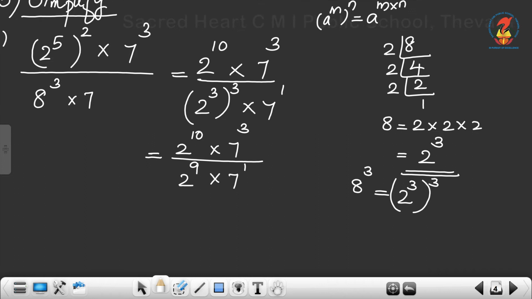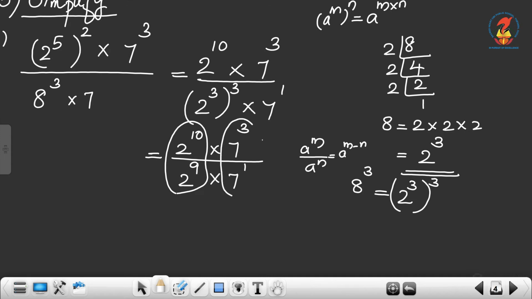Now, we can combine certain terms. So, we have to apply the laws. Now, look here. When you combine these two, you can see that the bases are same. So, which law can we apply for this one? A raised to m divided by a raised to n, which is equal to a raised to m minus n.